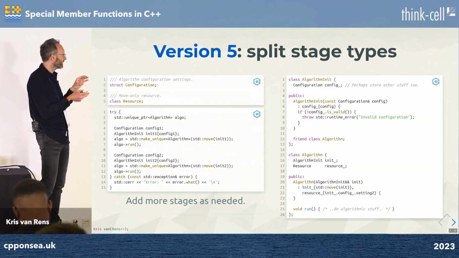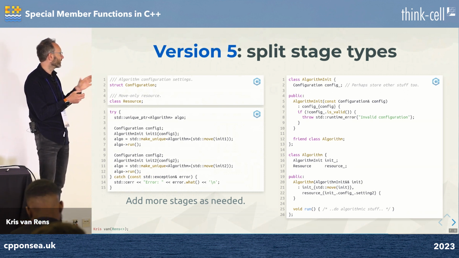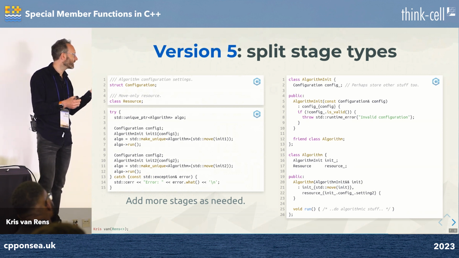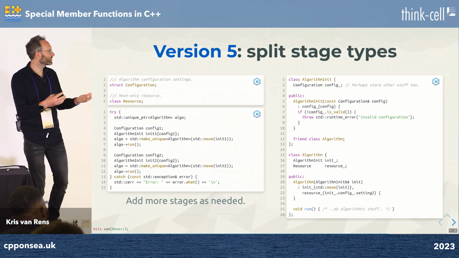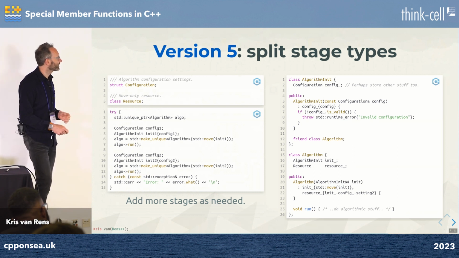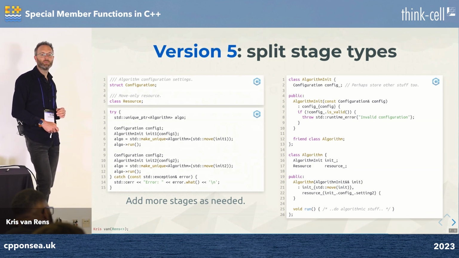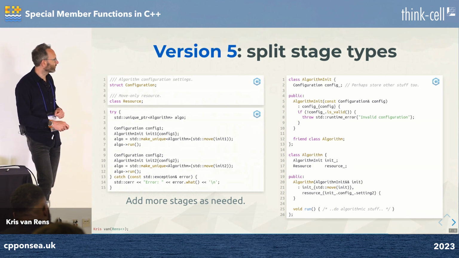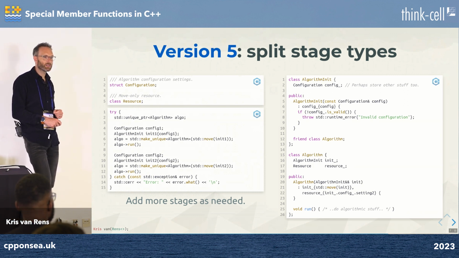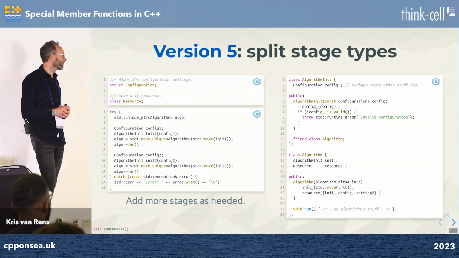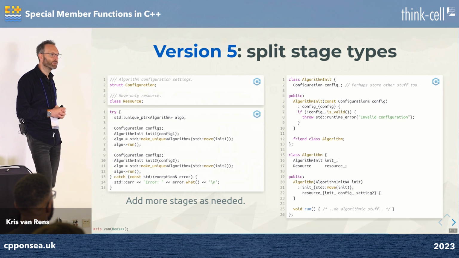So we have the initialize member function on the algorithm init. So we can only create the algorithm init state if we have a valid configuration. And once it's there, we can use that to initialize a full algorithm run state. And that one has the run function. So we cannot call run on an init class. And basically by design, we rule out some error classes of use before init and stuff like that.